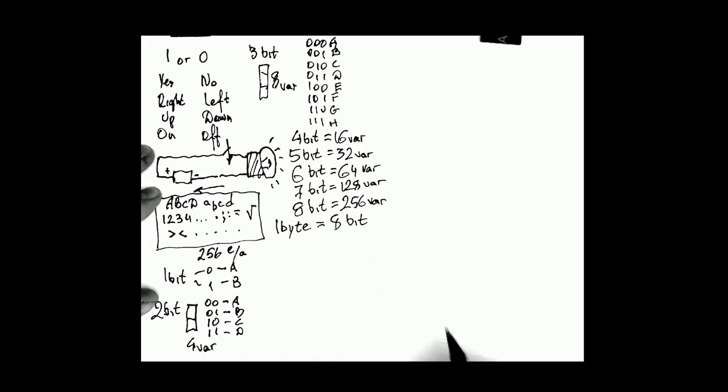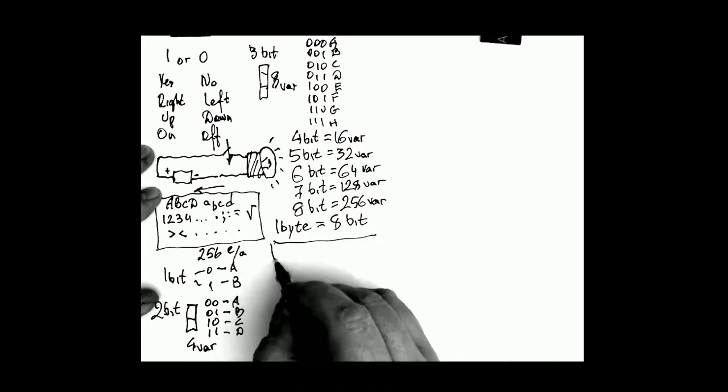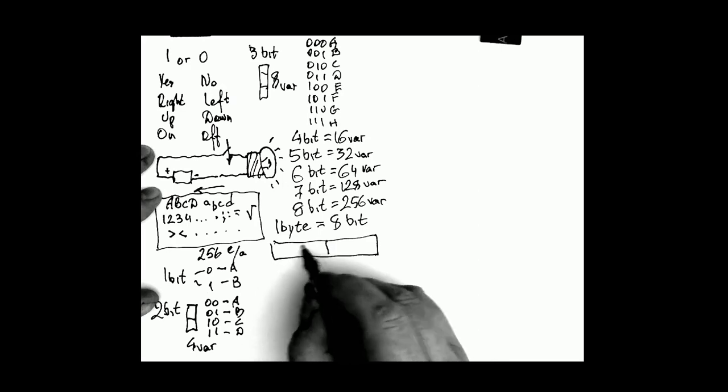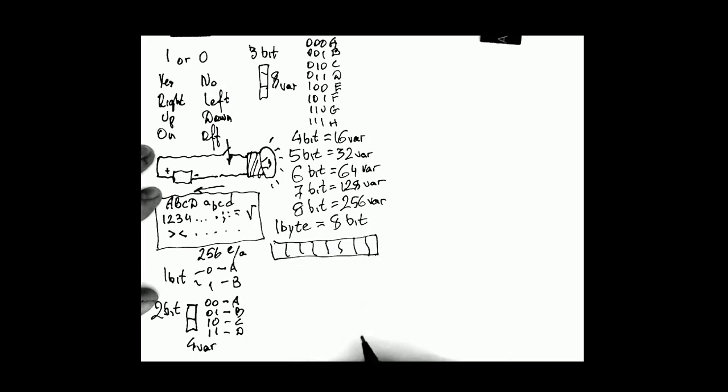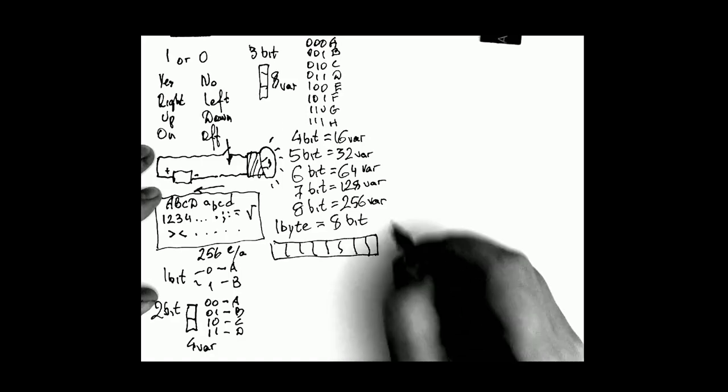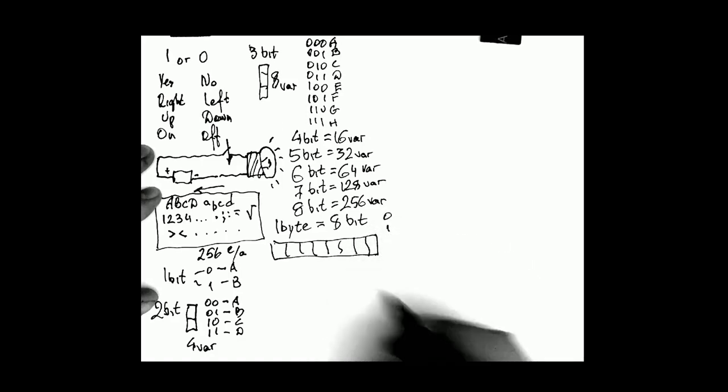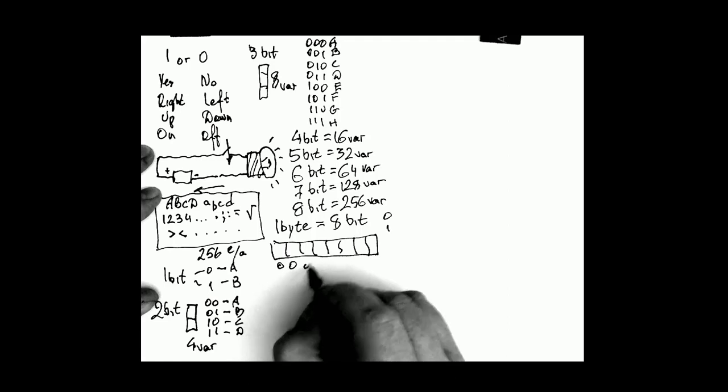How 1 byte looks like? This is a table with 8 placeholders. Each placeholder could have a value either 0 or 1. So if I take all zeros, that will be byte. If I take all ones, that will be another byte.